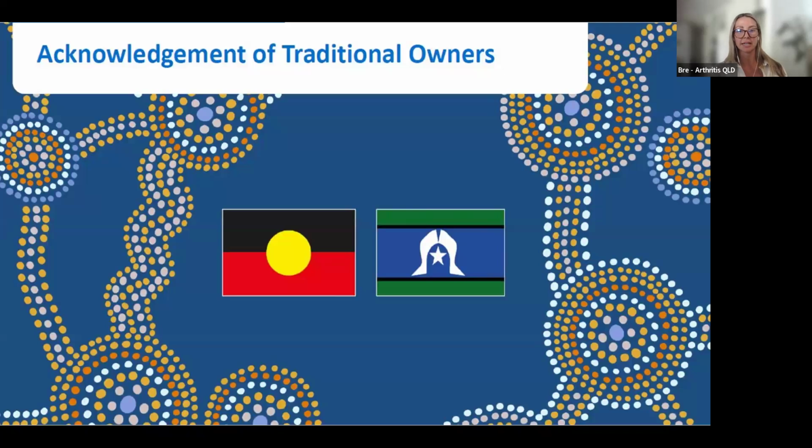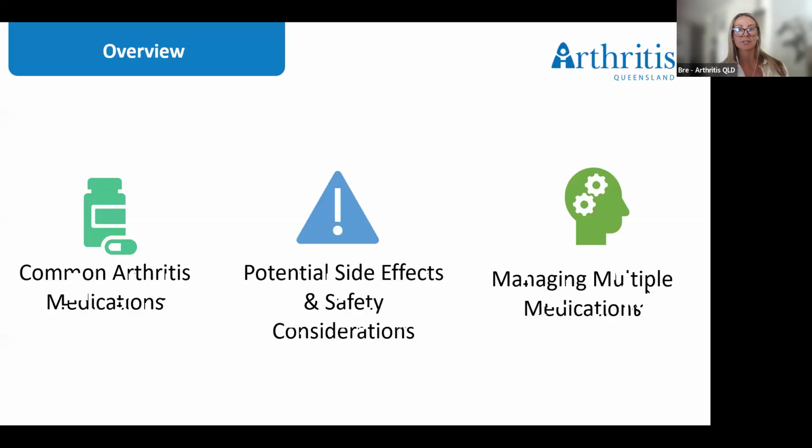Islander peoples today. So today we're going to be covering a few different topics where we'll be discussing some common arthritis medications such as pain relievers, NSAIDs, DMARDs, opioids and topical creams. And we'll also discuss the mechanisms of action of these medications in managing arthritis symptoms and slowing disease progression.